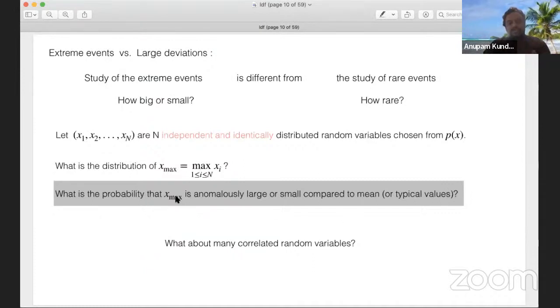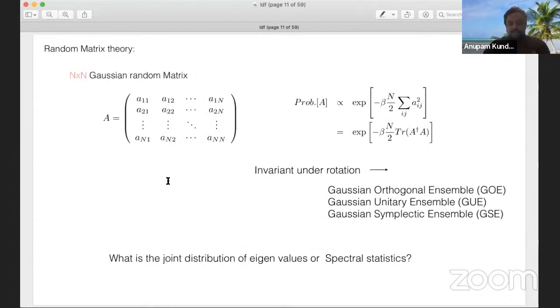So these questions are studied well in the context of independent variables. What about correlated random variables? One of the very frequently studied situations in which these questions are studied for correlated random variables is random matrix theory, in which one considers an N cross N Gaussian random matrix.